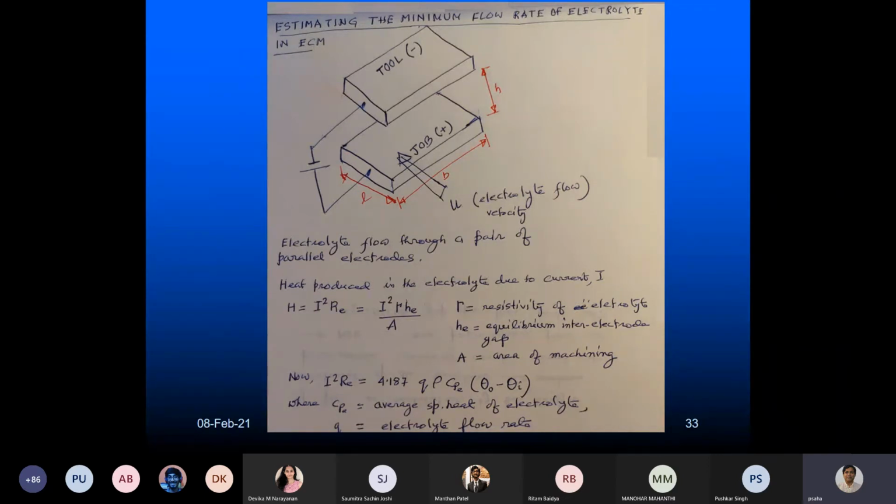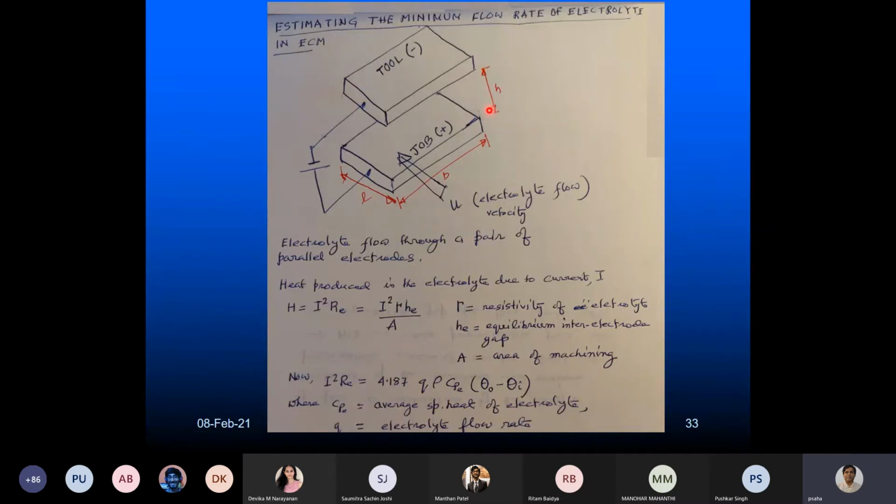Look at the very simplified representation of the ECM process. This is my tool in a 3D view, and this is the job, and this is the inter-electrode gap.